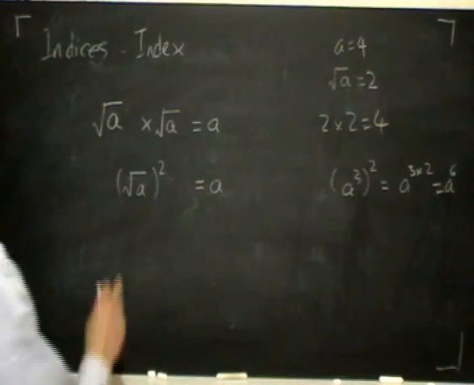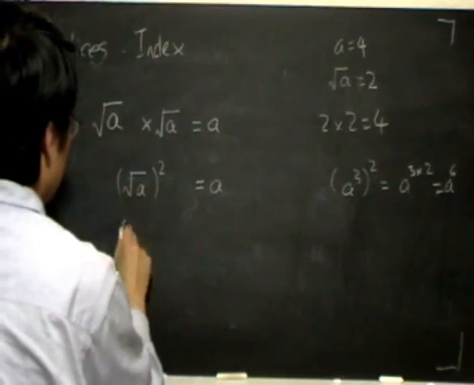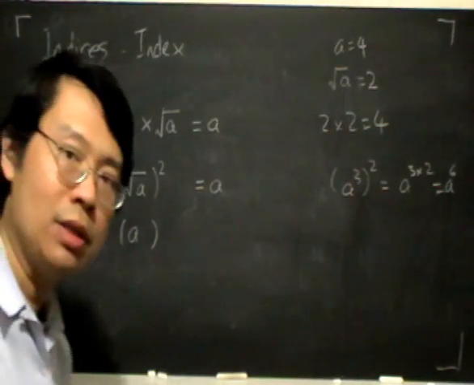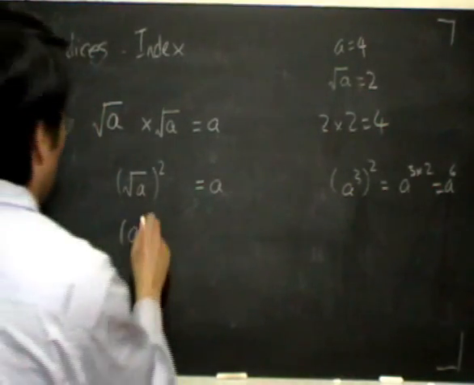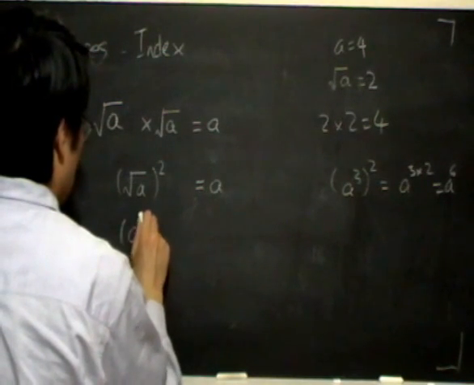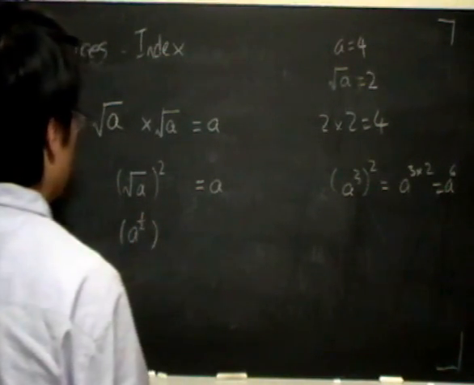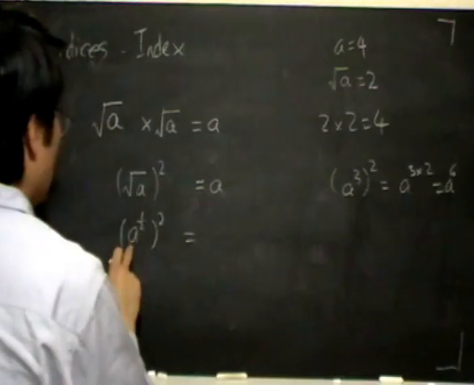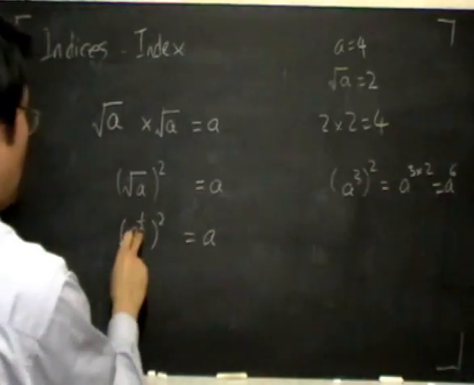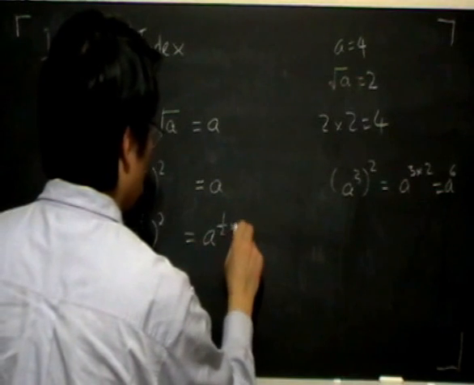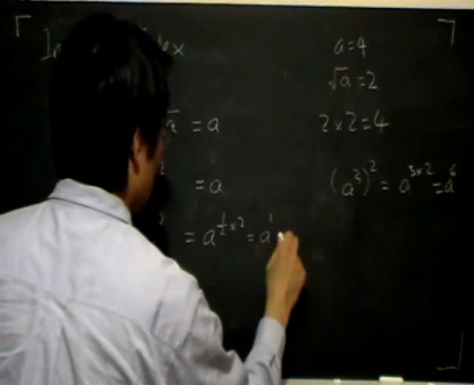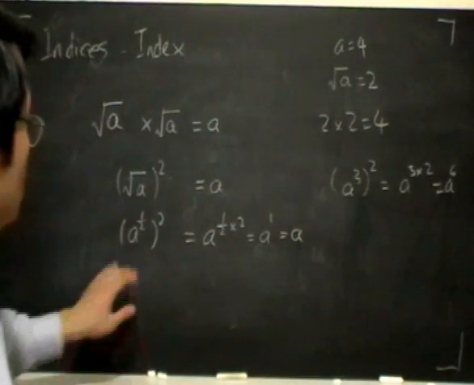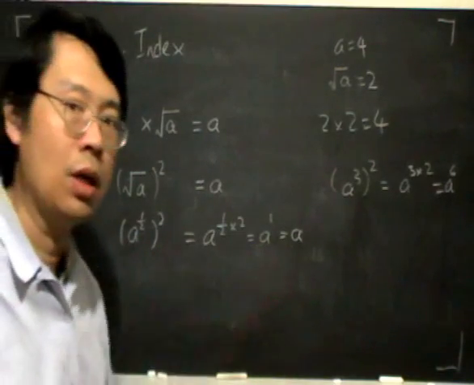So if the square root of A is defined as A to the power of half, then the square of this will be A to the power of half times 2, which is A to the power of 1, which is just A. So here I've introduced something, well, two new ideas.